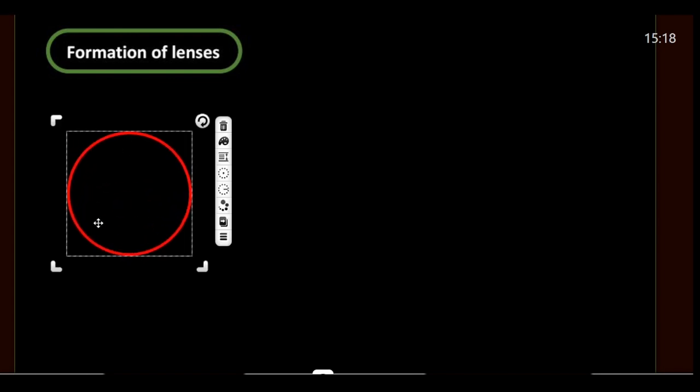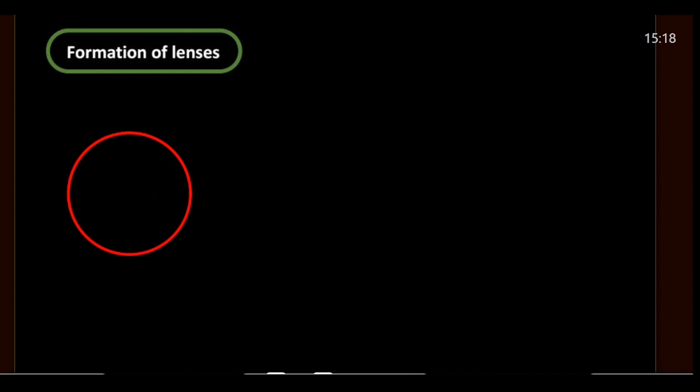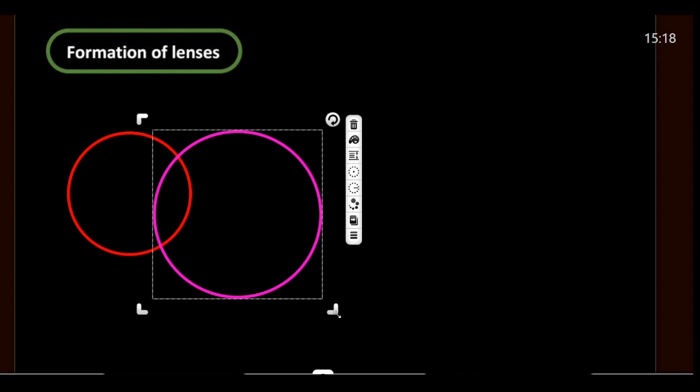For this, we just need to take two transparent spheres of different radius or the same radius. That's not an issue. So one is this radius I have taken, and another sphere I have considered like this. Okay.